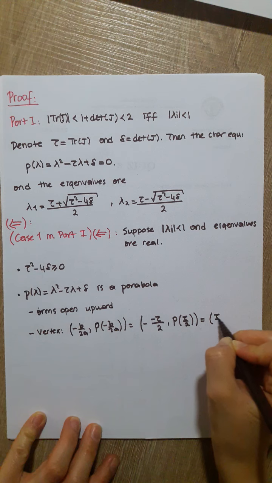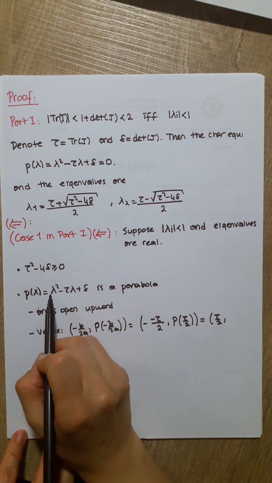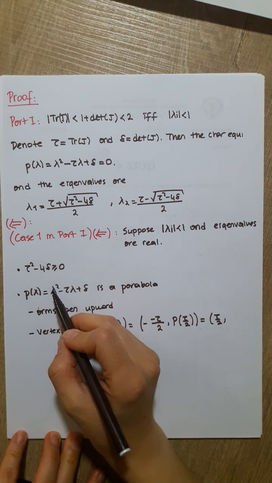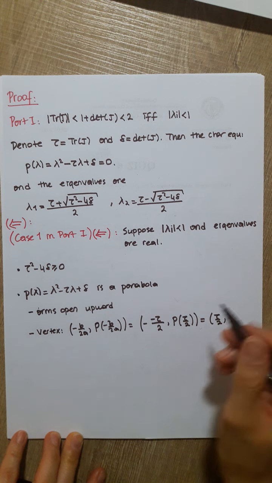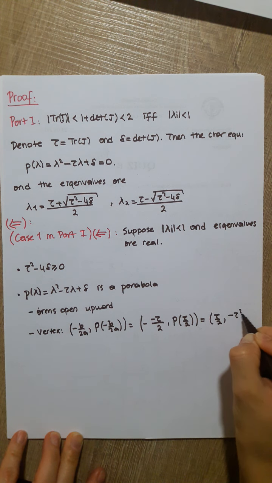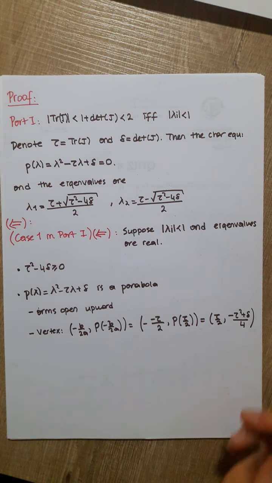So I have tau over 2, P of tau over 2. If I substitute tau over 2 here, then I will obtain tau squared over 4 minus tau squared over 2 plus delta, which is minus tau squared plus 4 delta over 4. And because this is positive, this will be negative.